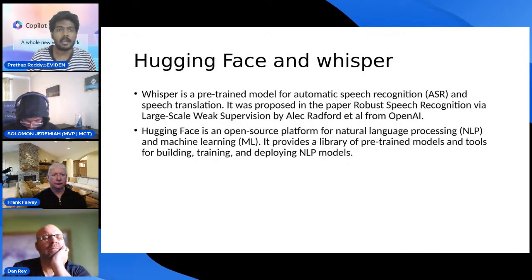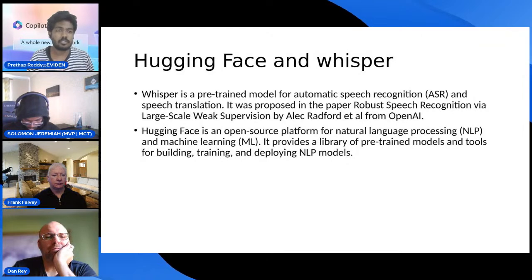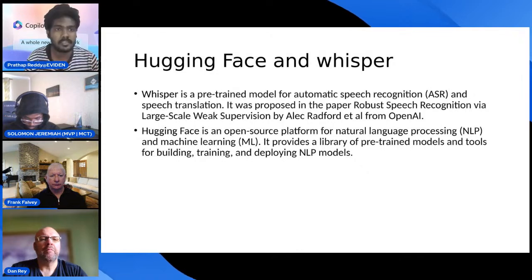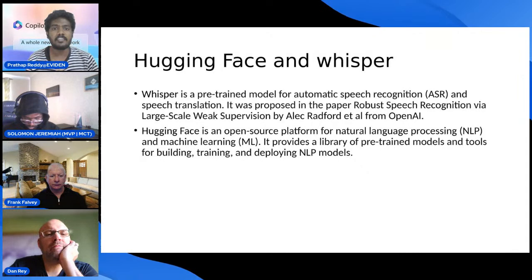Whisper is mainly focused on speech recognition. For example, whatever I am saying to you will be recognized by the Whisper model, and that can be integrated into the OpenAI models, or wherever we need to deploy those models. I will show you which Whisper models and Hugging Face models are available in this ML model.